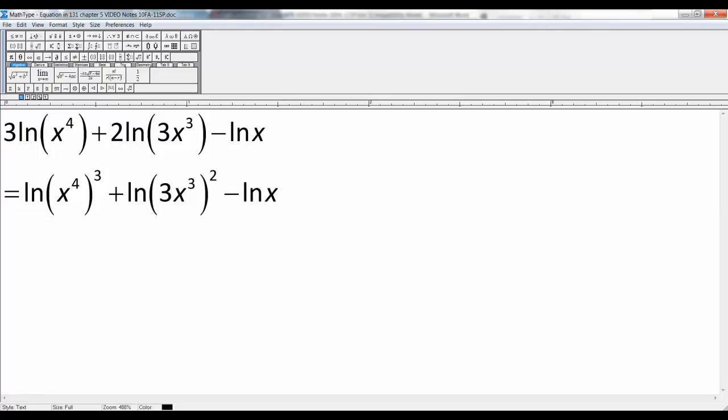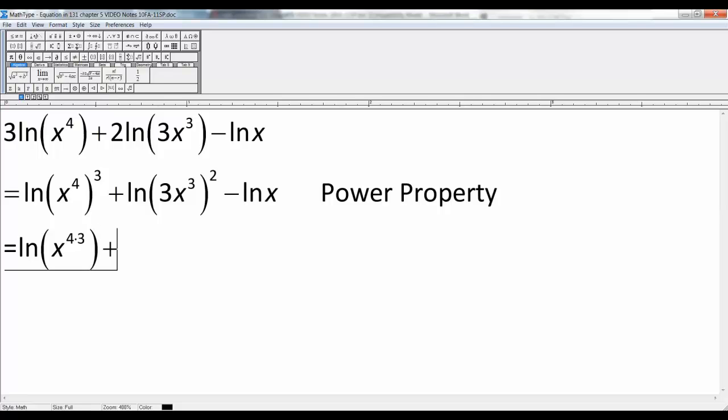All right, so again, we're using the power property on this part.